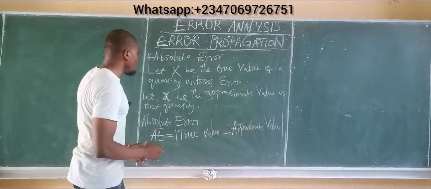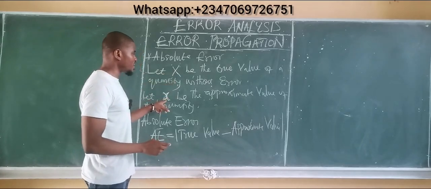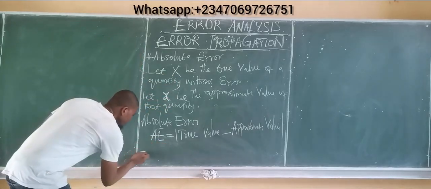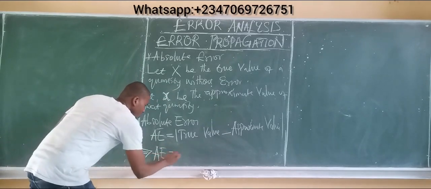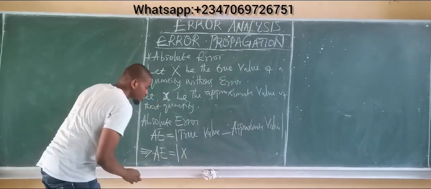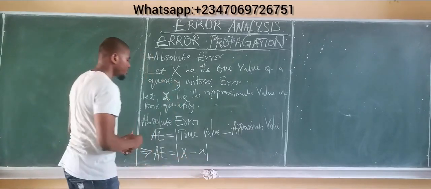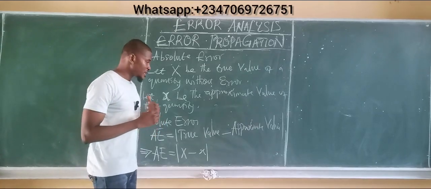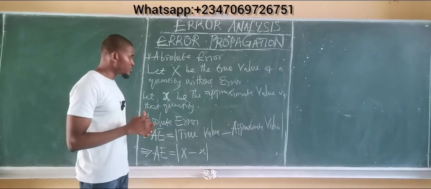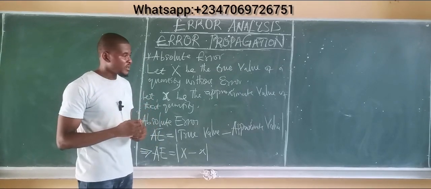So in this case, we called capital X the true value and small x the approximate value. So this simply implies that absolute error AE is equal to the modulus of capital X minus small x. This is simply called the absolute error. So that's how you calculate the absolute error of a given function: simply the modulus of the true value minus the approximate value.